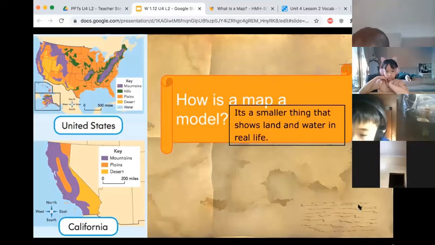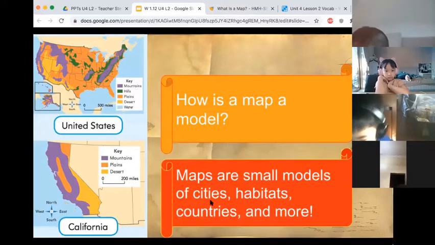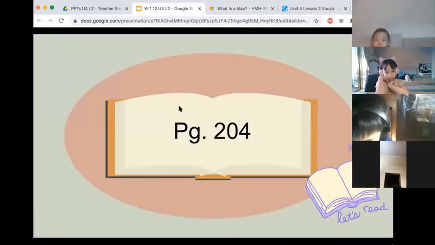Small thing. Excellent. And for that, I will give 1 point to Vivian and 1 point to Philip. There's Vivian and Philip. Great job. Maps are small models of cities, habitats, countries, and more.